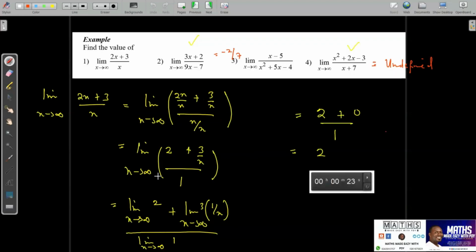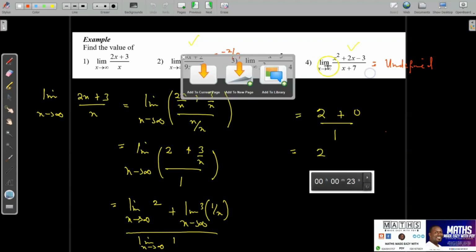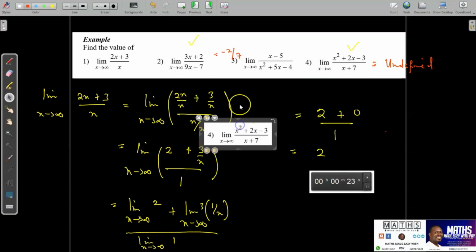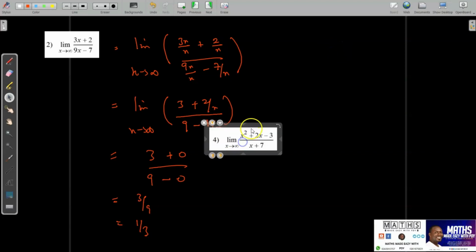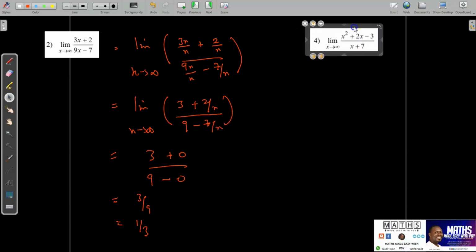Now coming to question number 4. Once again, you divide through by the highest power, which we've seen as x squared.